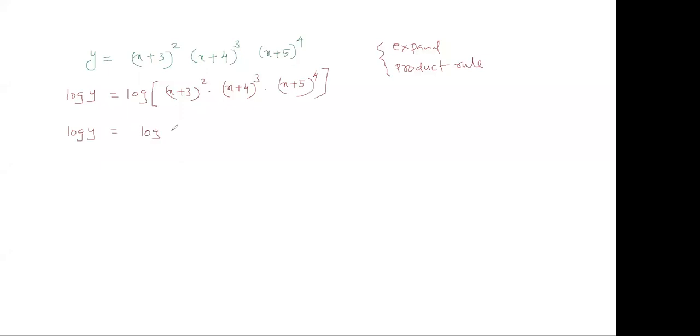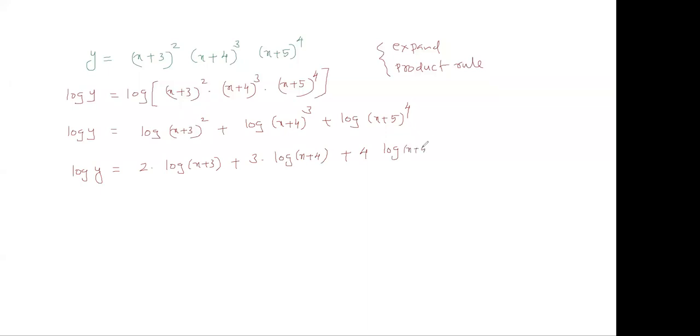So it is log (x plus 3) square plus log (x plus 4) cube plus log (x plus 5) to the power 4. Again, logarithm of a power is power into logarithm of the base. So 2 into log (x plus 3) plus 3 into log (x plus 4) plus 4 into log (x plus 5). So the function becomes very simple.